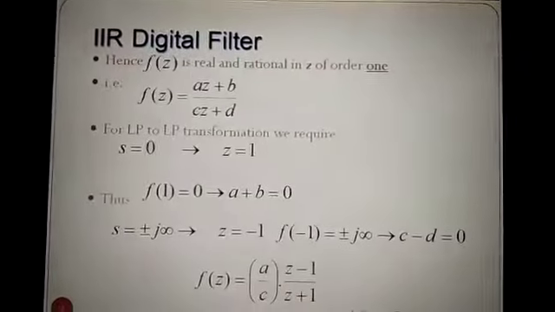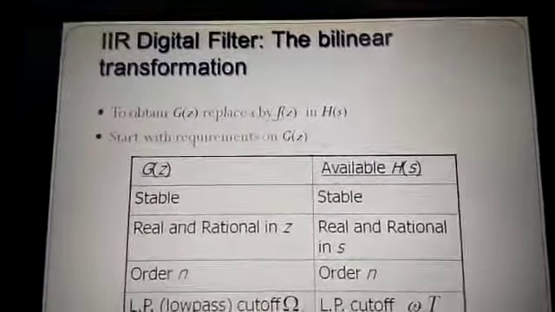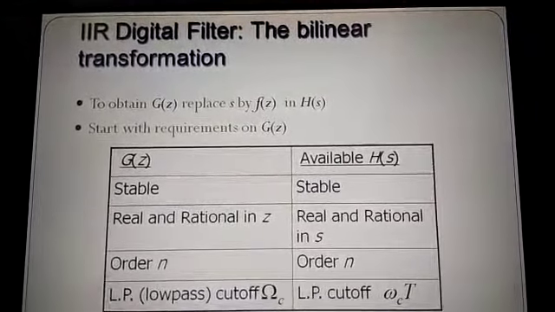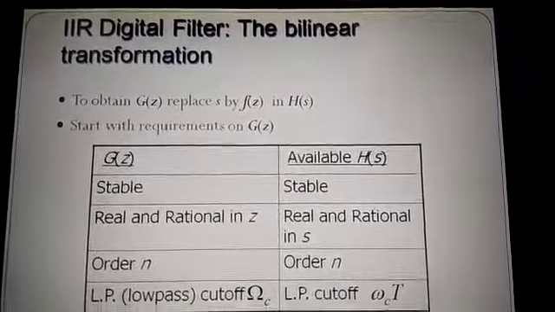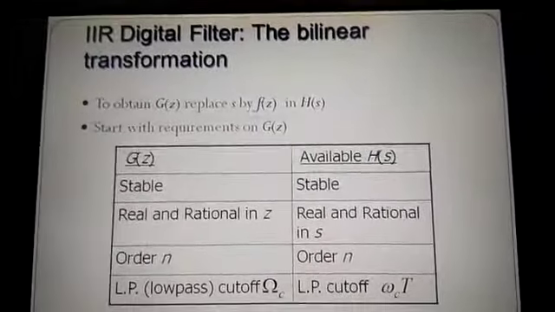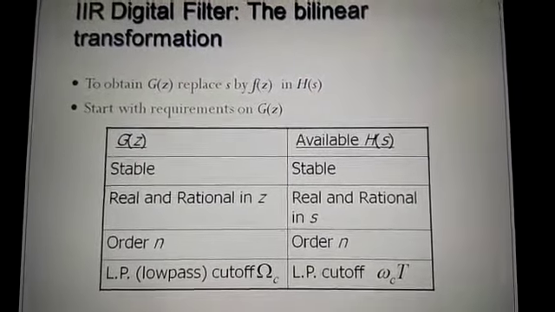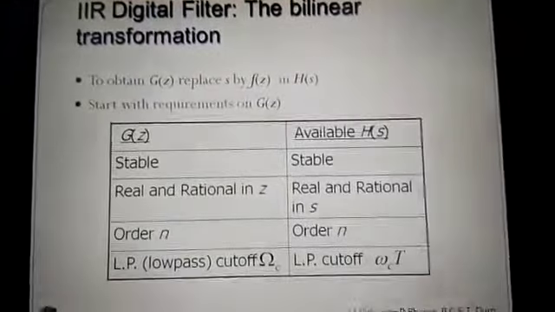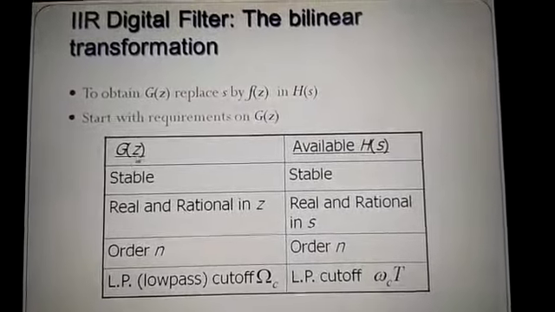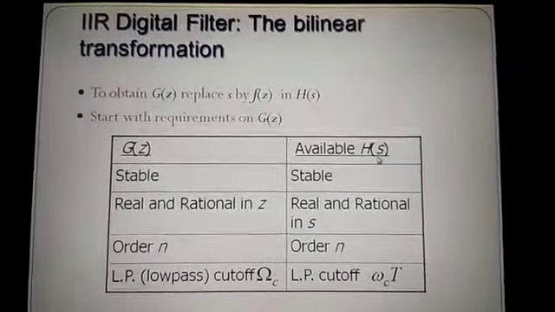Let us go. This is the IIR digital filter. There are various methods for conversion of the analog filter into a digital filter. One of them is the bilinear transformation. Another is the impulse invariance method. In bilinear transformation, you can see this is the digital domain and this is the available analog domain.